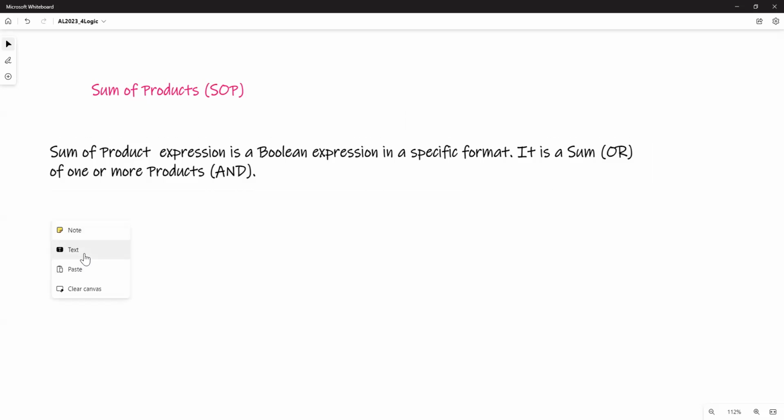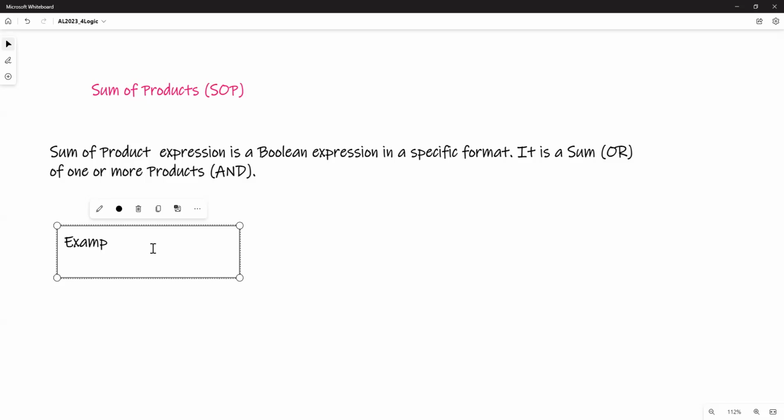So let's look at an example. So we can write down a Boolean expression like this. A B dash C D dash plus A B dash D plus C D dash plus A D dash.